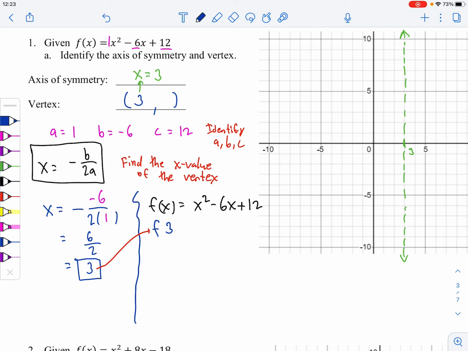So we have f of 3 equals 3 squared minus 6 times 3 plus 12. So x is 3. We put in our parentheses wherever you see x. And then we calculate that out.